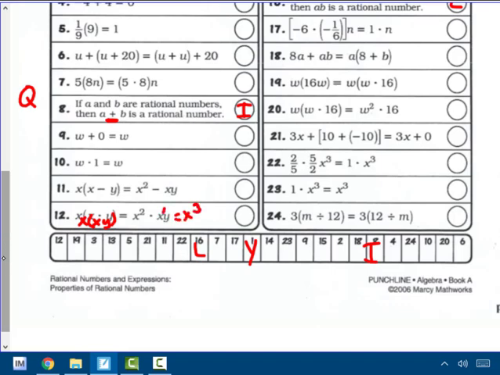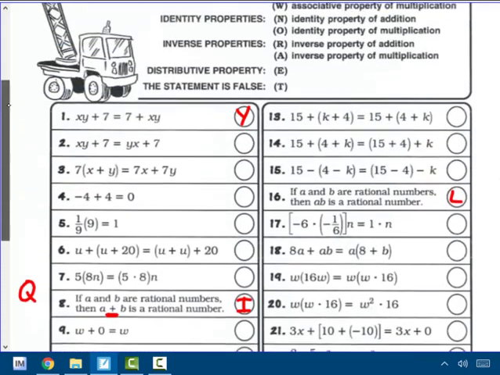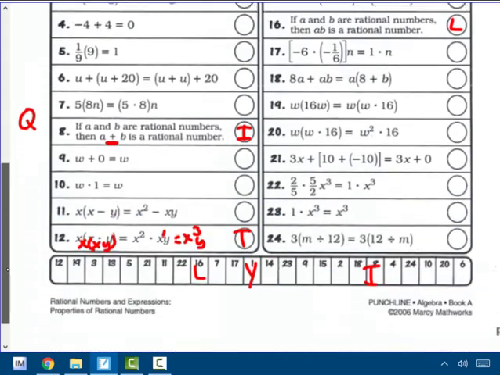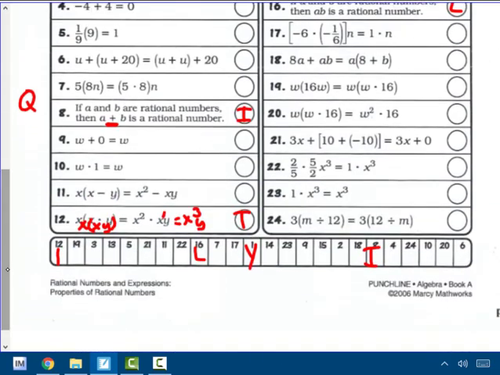And a 2 and a 1 would give me X cubed Y. You may not understand that, which is why I'm doing this one. This is not a property whatsoever at all. It's a false statement. So this is the false statement. It's the letter T. So number 12 is a T.